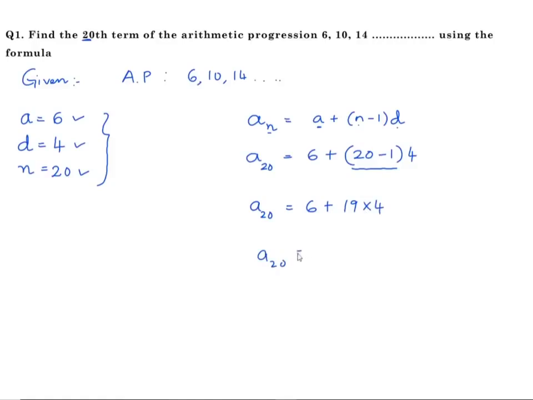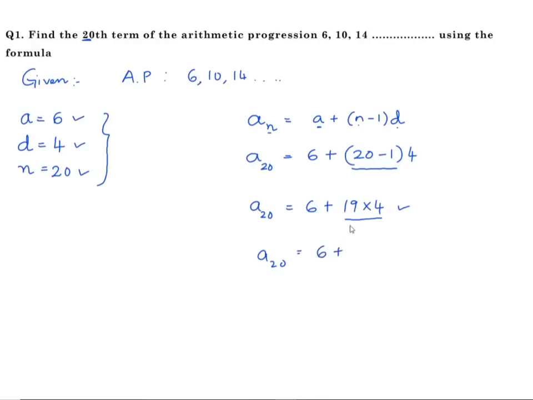A lot of students do this step wrong, because they'll add 6 plus 19, then multiply with 4. That is wrong. First you should do multiplication as per BODMAS rule. First multiply, then add with 6.